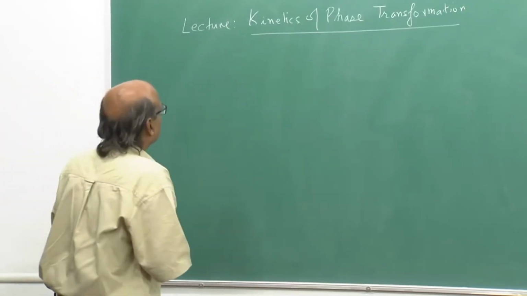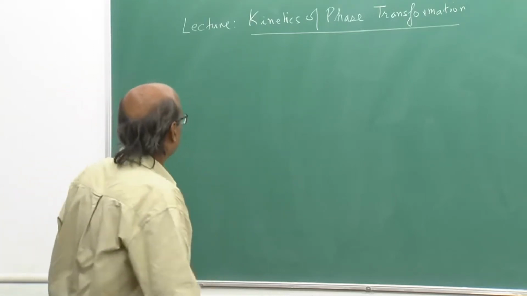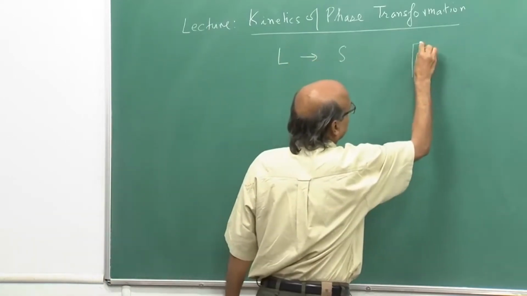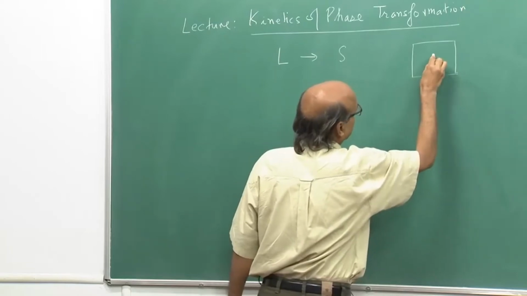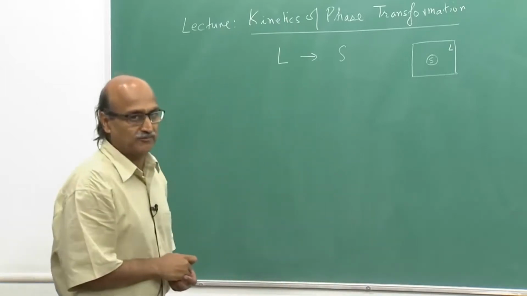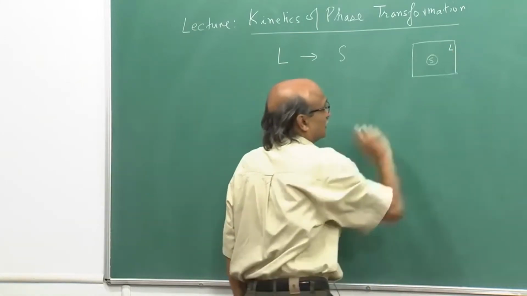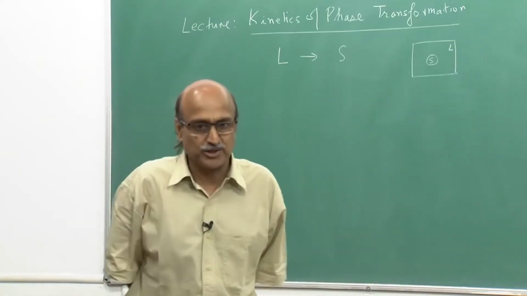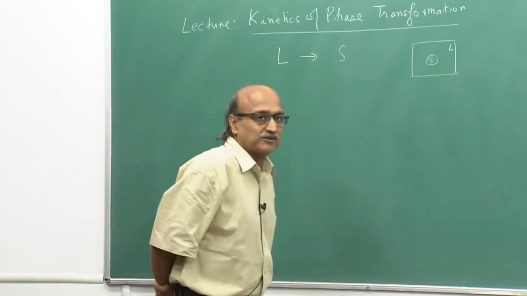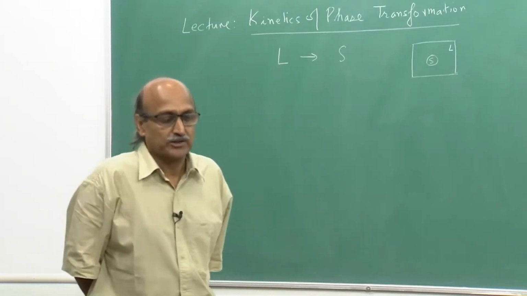So, for example, if we consider liquid to solid transformation, first in the liquid phase a solid nuclei must form before the phase transformation can take place. Now, in the formation of this nuclei, as Professor Mandal was talking about in the earlier lectures, there is a critical size of nuclei that needs to form for it to become stable.